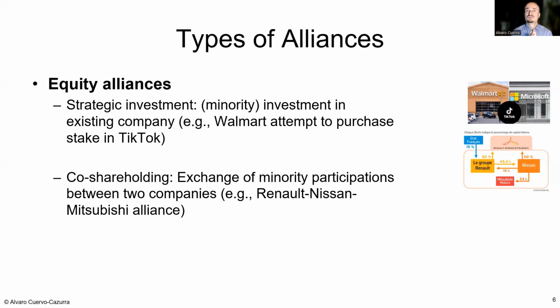The differences, to some extent, gave some instability, because one was basically 43%, the other was 15%, so it's not quite at the same level. But the idea was, it's a signal: we are committed to continue working together, and as a result, we are exchanging participations. This gives a lot of stability to that relation. And yes, they did have some disagreements later on, but well, that's what happens later on.